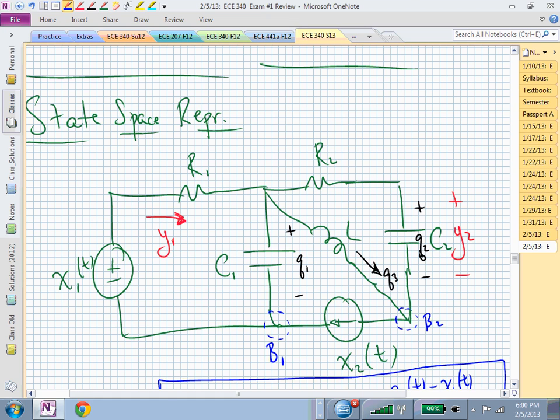But I guess we probably can. But then we're going to get a couple of Q primes in there. We just have to remove one of those, but that's okay. So I think the comment was, can we write a KCL here? And that's okay. It's just that we would end up with a Q1 prime and a Q2 prime, and we would want to get rid of one of those to give us all three equations that we need.